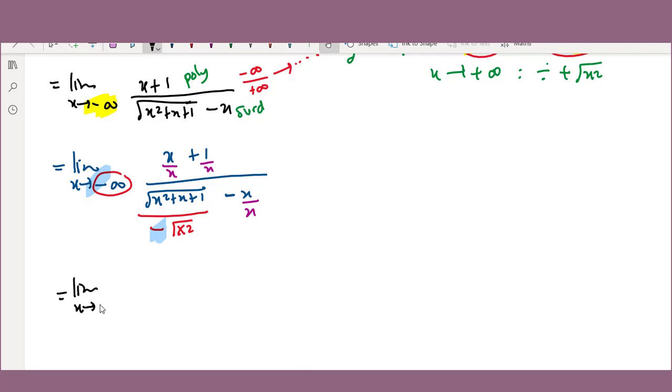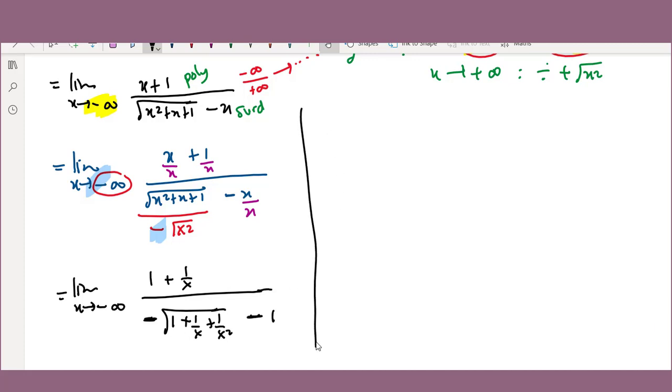Limit as x tends to negative infinity. This is 1 plus 1 over x. Bring the negative inside here: x squared over x squared is 1, x over x squared is 1 over x, plus 1 over x squared, minus 1. Then substitute 1 over negative infinity.